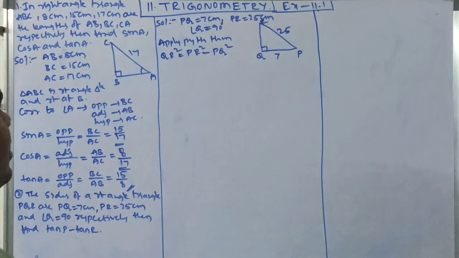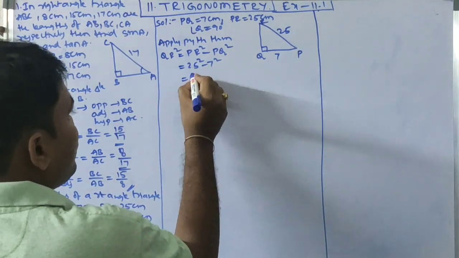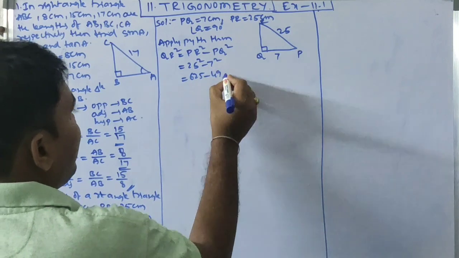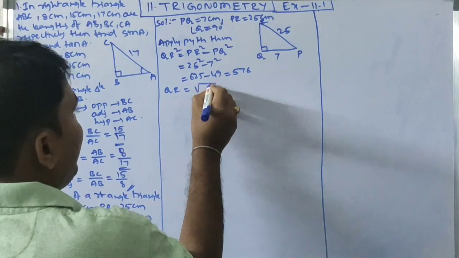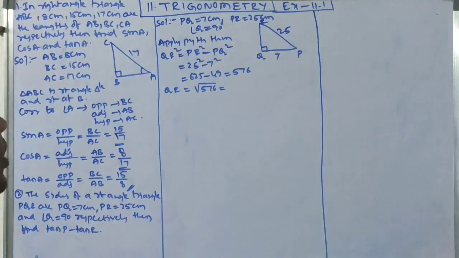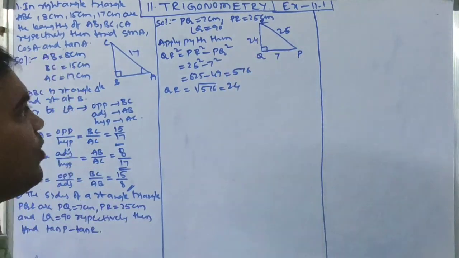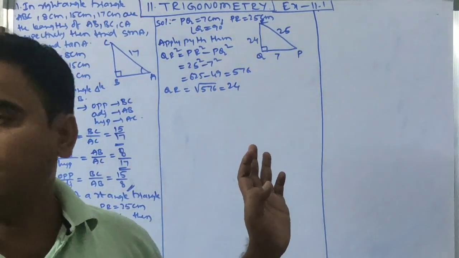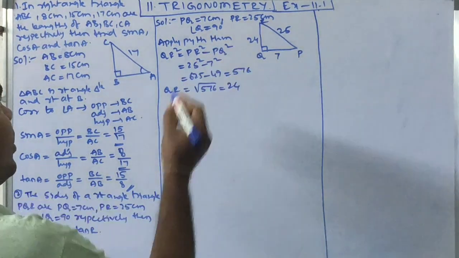So this is 25 square minus 7 square. So 625 minus 49 equal to 576. QR equal to root 576. So 576 square root is 24, because 24 into 24 gives 576.